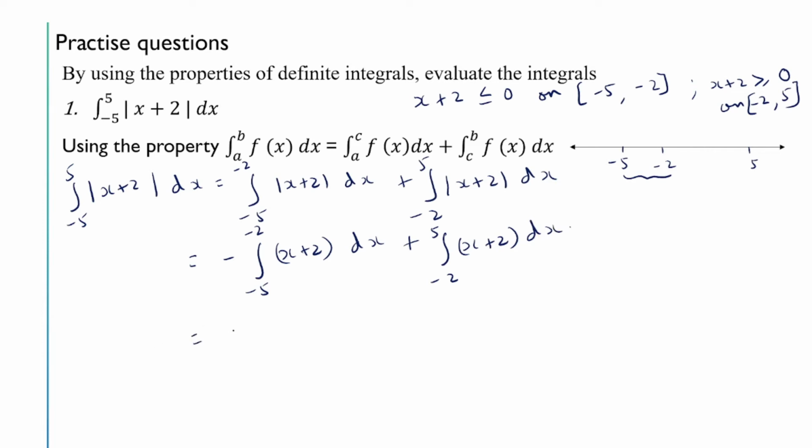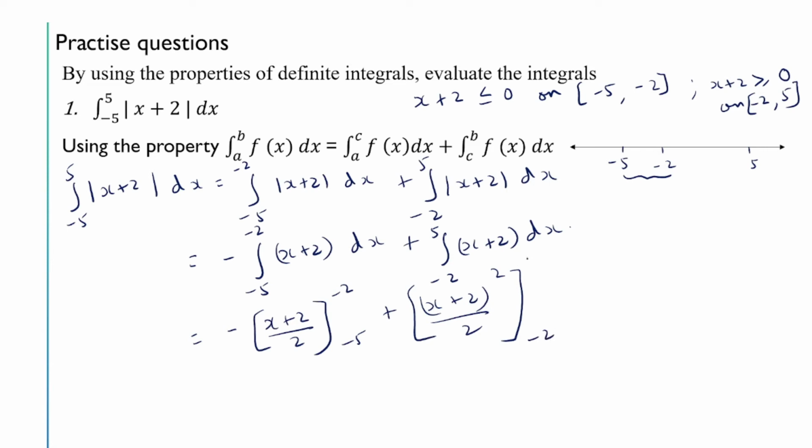So this is equal to minus, now we know how to integrate x plus 2 dx. It is x plus 2 the whole square by 2 with the limits minus 5 to minus 2, plus x plus 2 the whole square by 2 from minus 2 to 5.